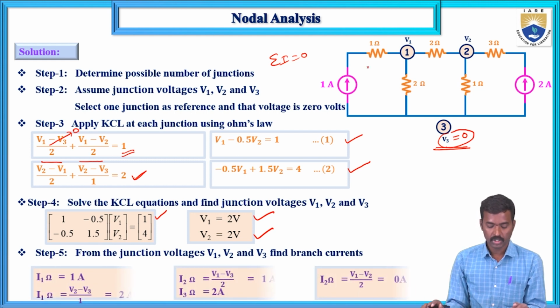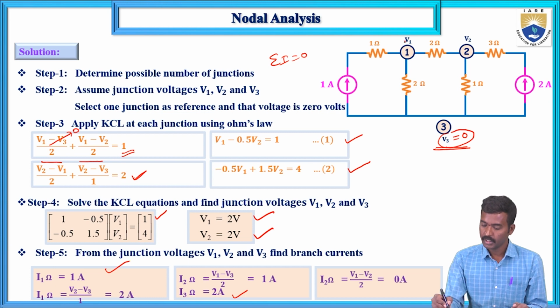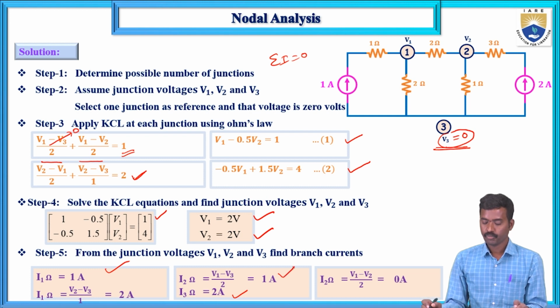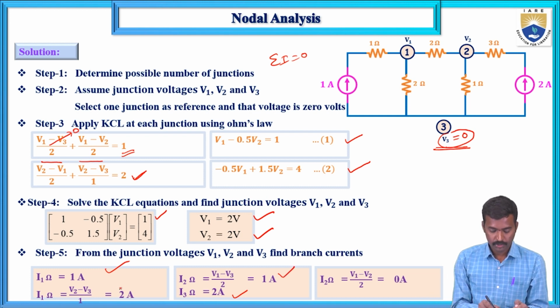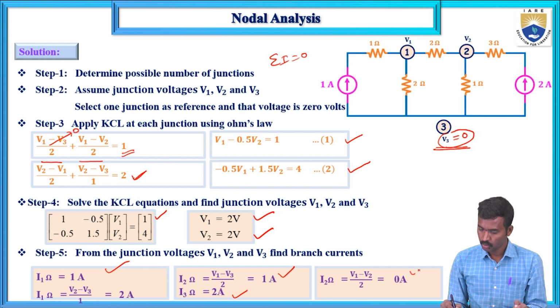See these currents first. The I1 current is 1 amp as it is, and the I3 current is this 2 amps. But here (V1 minus V2) by 2 is this one, the 2 ohm resistor current, which is 0.